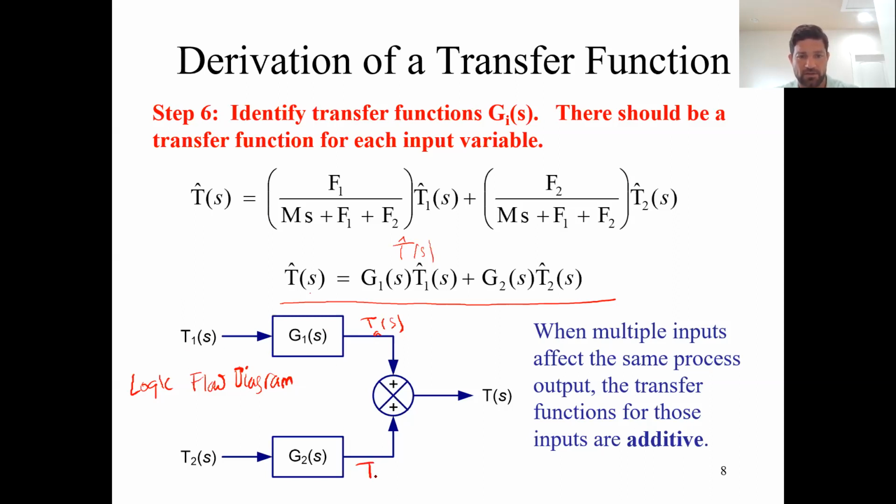This one right here we can just give a term T sub B, because again, the total temperature of the process is going to be the combination of the effect of changing temperature 1 times its transfer function plus the effect of changing temperature 2 times its transfer function on the process. So this is the combination of two parameters affecting the same process. Therefore, they're additive.